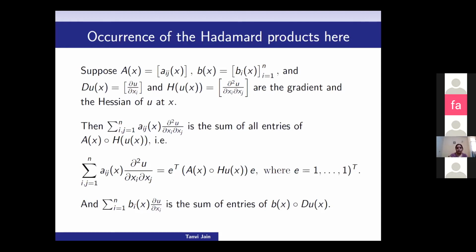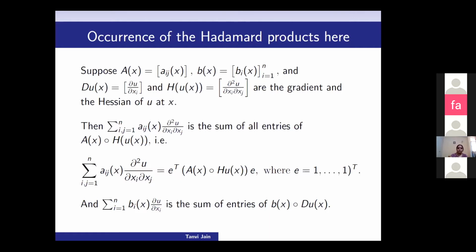So now what is summation over ij, aij(x) del square u by del xi del xj? This is nothing but the sum of all the entries of the matrix A(x) Hadamard product with Hu(x). And that we can also write in terms of the inner product: E transpose (A(x) Hadamard Hu(x)) E, where E is the vector of all ones. If you compute, it's a very simple calculation.